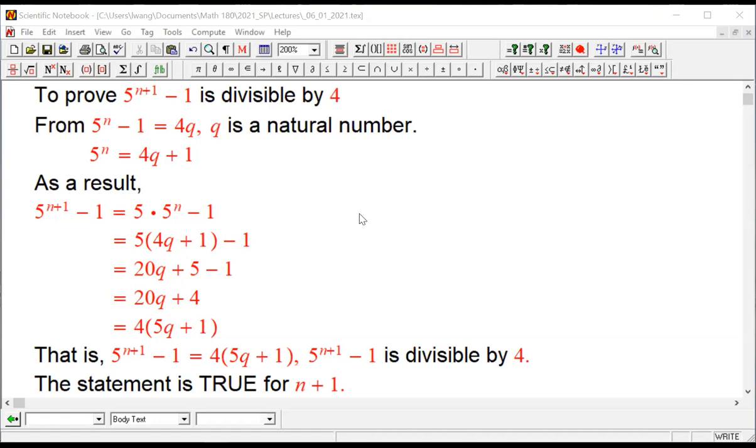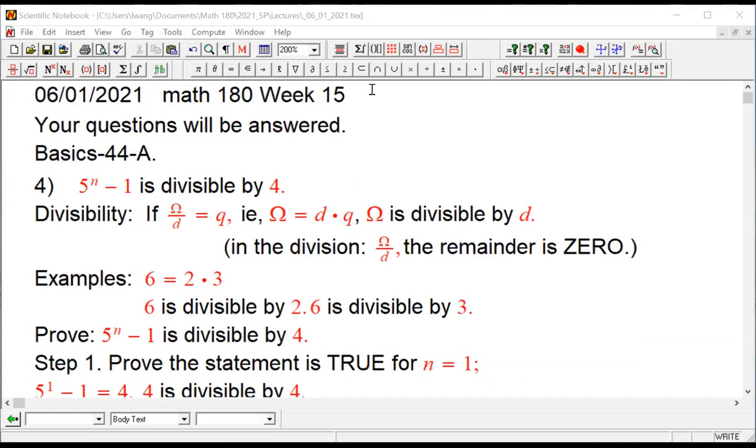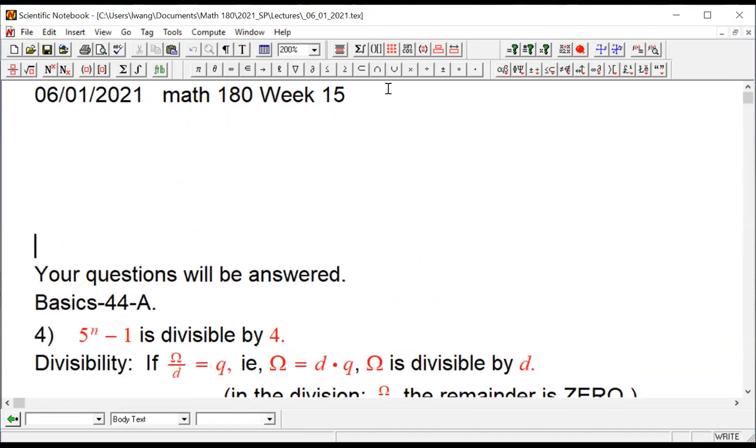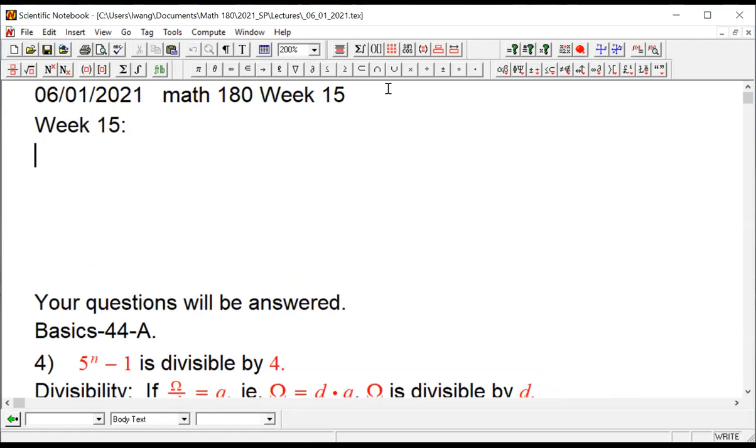Let me lay out the plan for this week and next week. This week, we're going to be lecturing. Week number 15, which is this week, has lectures till Wednesday, which is tomorrow.